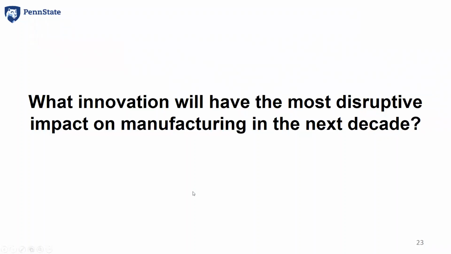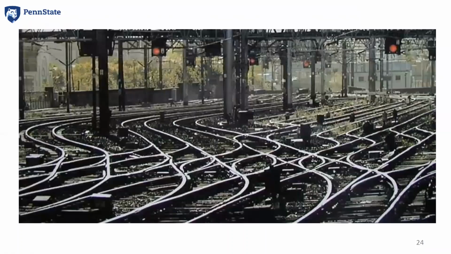But let me guide the thinking a little bit. Let's look at what was available in the past. Let's first have a look at this picture. What is this? This is a railroad system, right? Railways were very big in Pennsylvania many years ago.